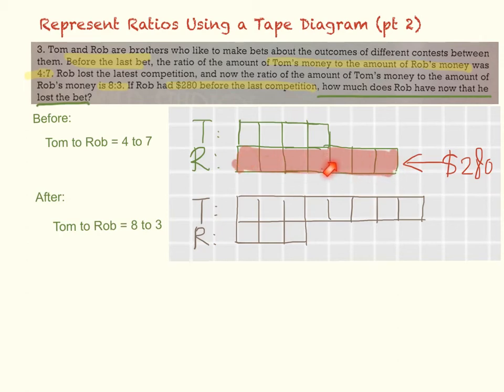If 7 boxes show $280, then to figure out how much each single little box is, you do 280 divided by 7. That gives you 40. So each little box here means $40.